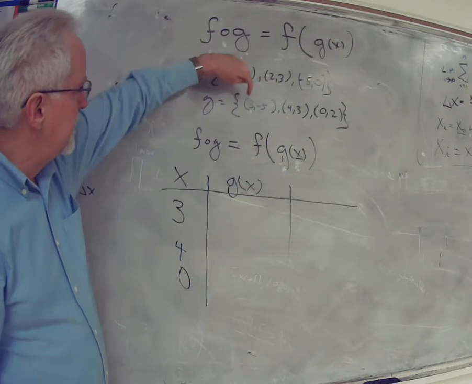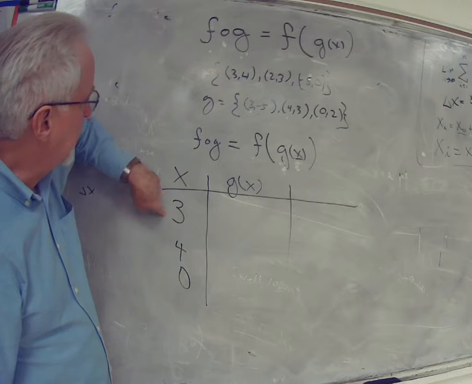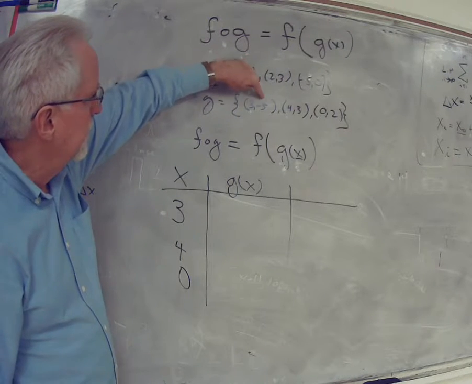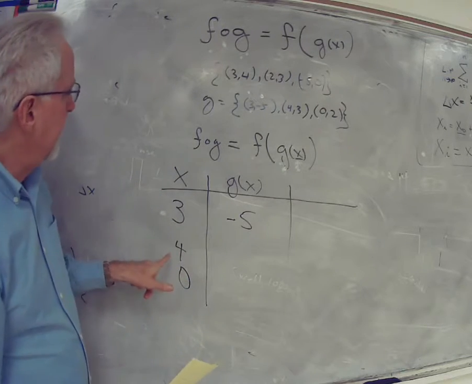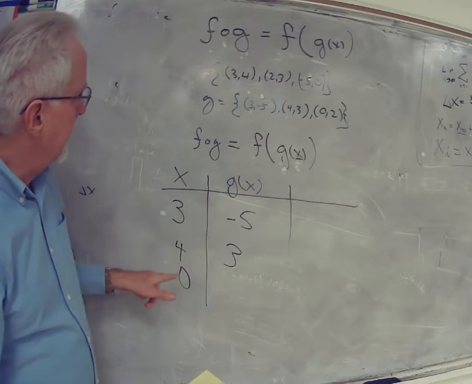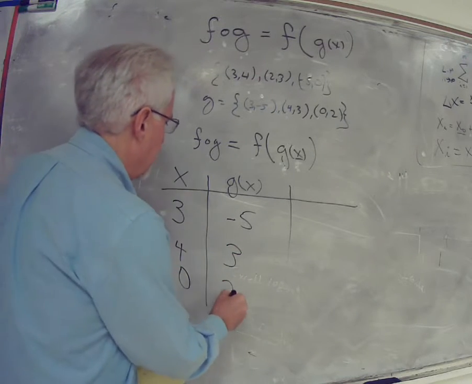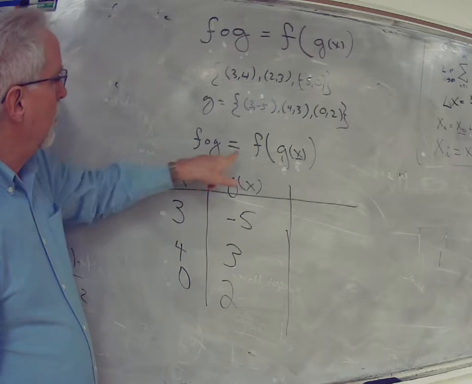So what is G of x? What's my first x? 3. What's G of 3? Negative 5. What is G of 4? 3. What is G of 0? 2.